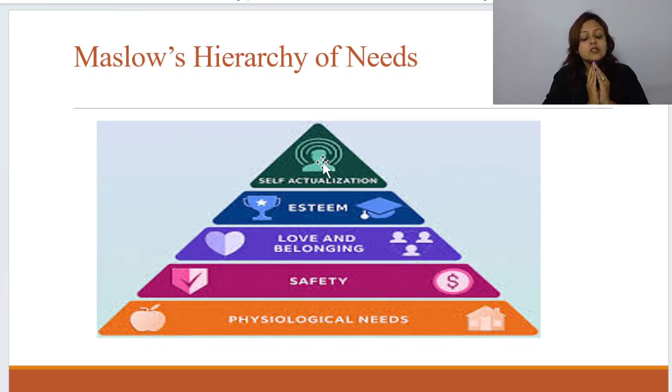So that is what the physiological need is all about. Until and unless this physiological need is met, we cannot move to the next need, which is the safety need.